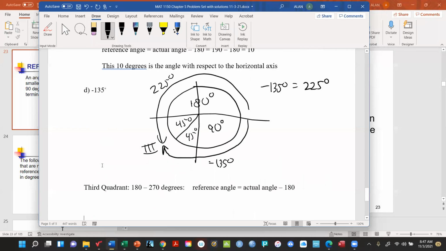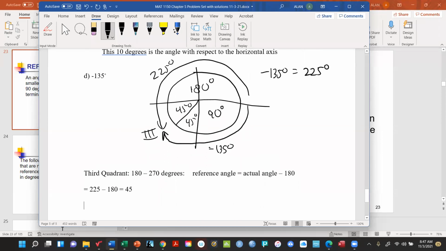So if we call our actual 225, instead of negative 135, 225 minus 180 equals 45. And so you can see from the diagram that that must be correct, because what you're actually looking for, in fact, let me color it in for you, is this. That's what we're aiming for, the angle with respect to the horizontal axis.